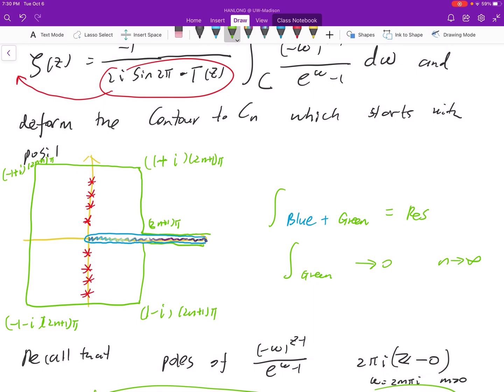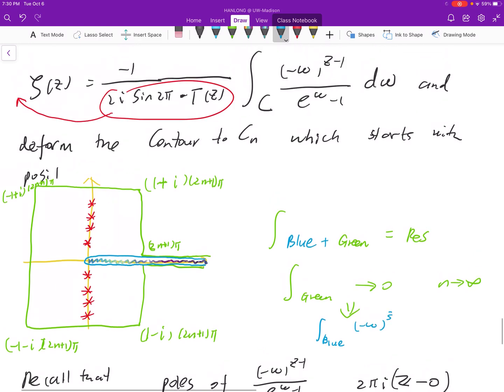Therefore, the integral of the blue part of (−ω)^(z−1)/(e^ω − 1) is the same as the summation of residues.